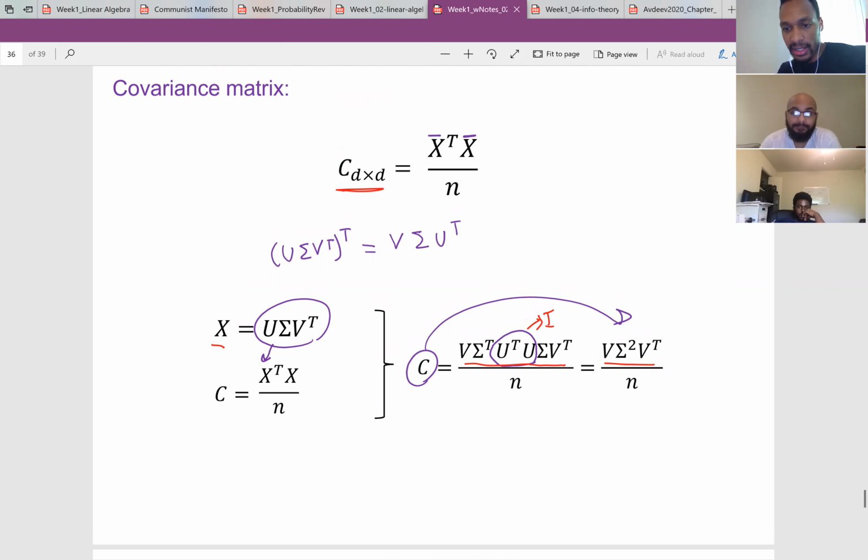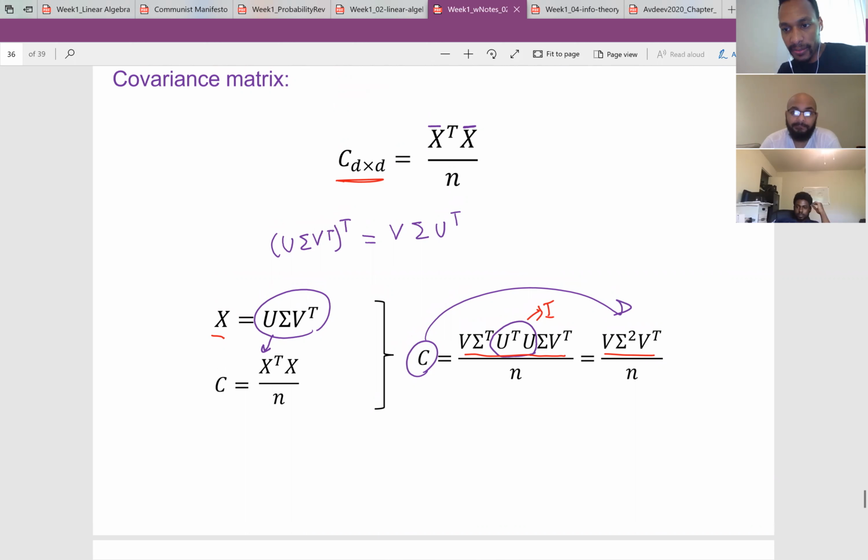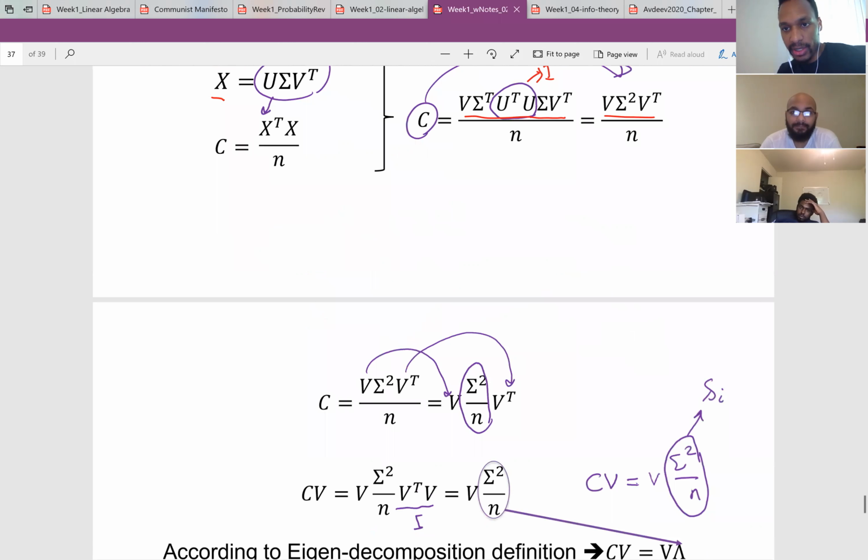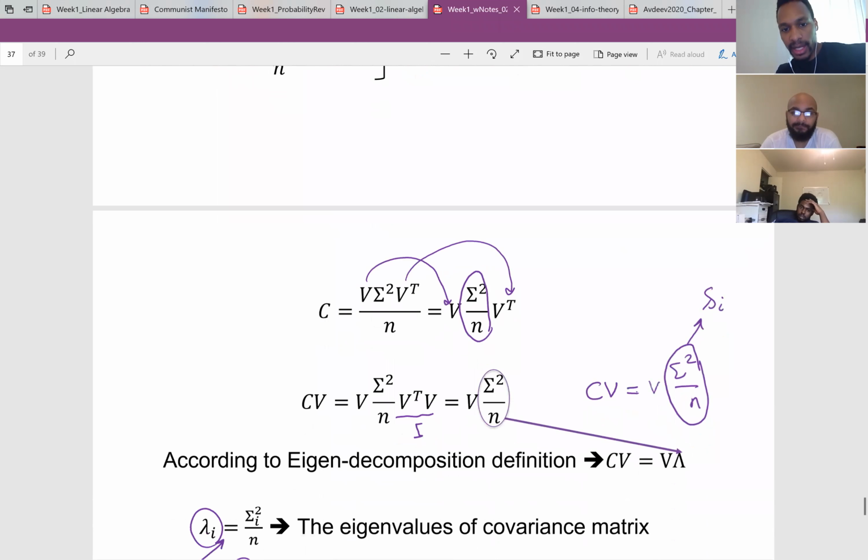You just take the diagonal components and square them. And then you can divide each of those diagonal components by n, right? Because they're all scalars. It doesn't really affect the matrix.